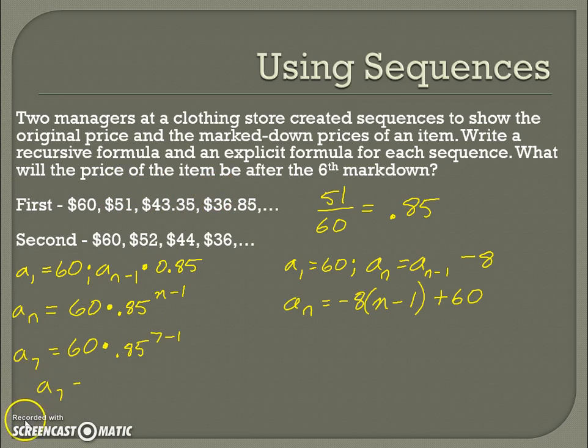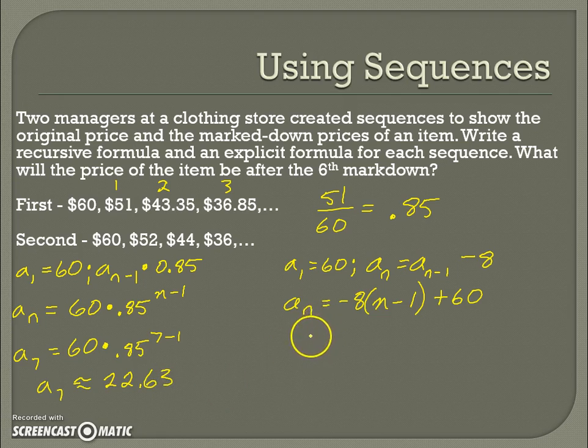Let me take a minute to get my bearings. Yeah, this is the 7th term because notice this is the first markdown, but it's the second in the sequence. Second markdown, third in the sequence. Third markdown, fourth in the sequence. So the 6th markdown is going to be the 7th in the sequence. So be careful with that because that's a really easy thing to screw up. After I put that into my calculator, I get about 22.63.